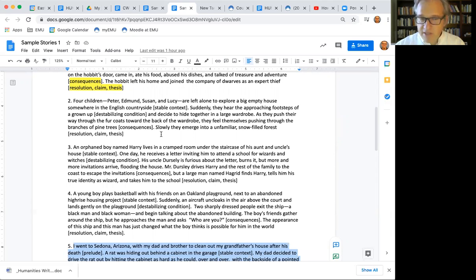Okay, so these three things together, the handout, the sample paper intros, and these sample stories, will help you recognize the different moves you're making in your own paper. And again, not just for this class, but for your classes going forward.